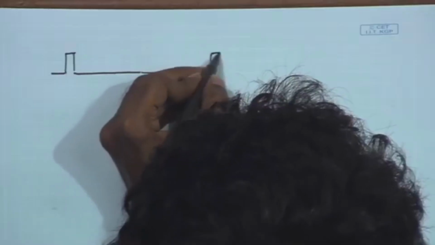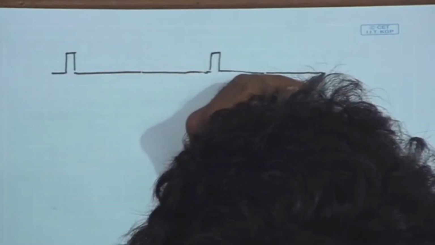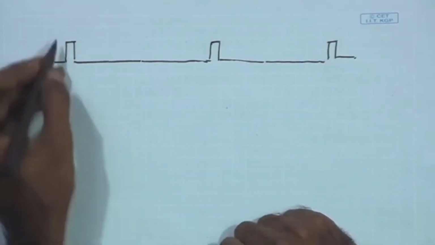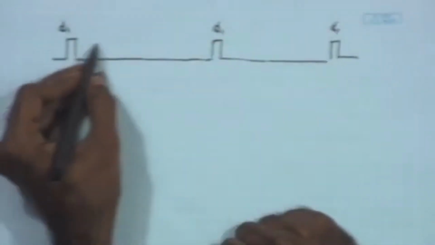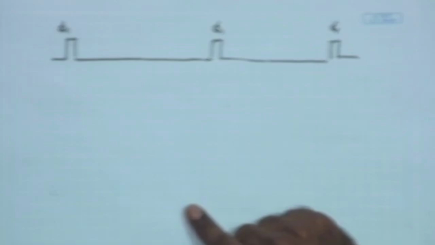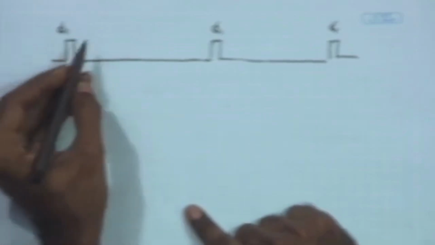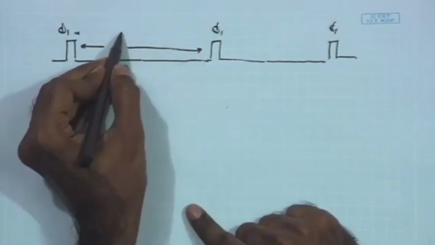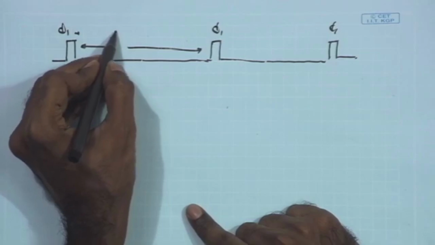So, remember the overall operation that we have. You have the two phases. The phi 1 phase is being used for sampling, and it is also being used for offset cancellation, whereas the phi 2 phase is being used for the comparator operation and the overall counting operation.